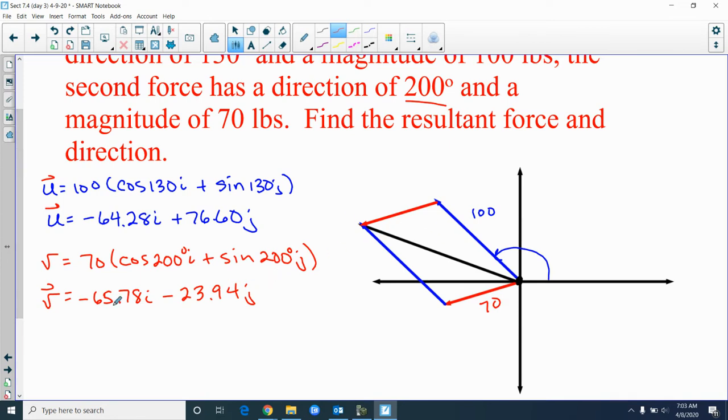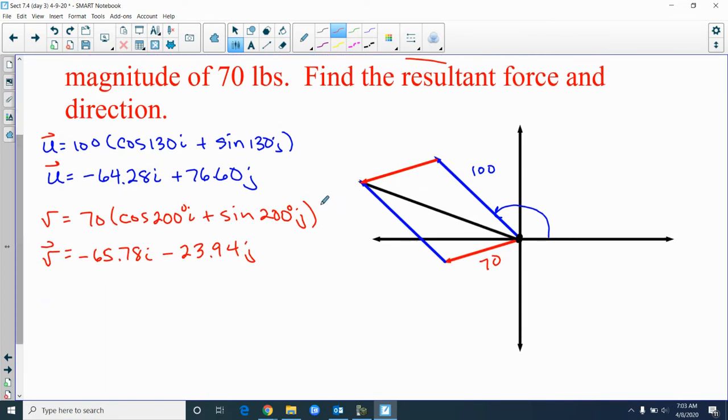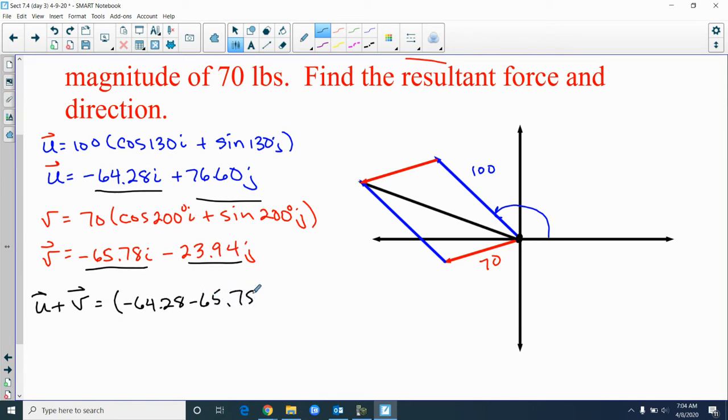All right, now to find the resultant vector. Now we already know where it's at, we have a good idea where it's at. To find the resultant vector, you take vector U plus vector V, which means you add the I parts together, you add the J parts together. Now normally I wouldn't write this out, but since I'm not physically in front of you, I'm going to.